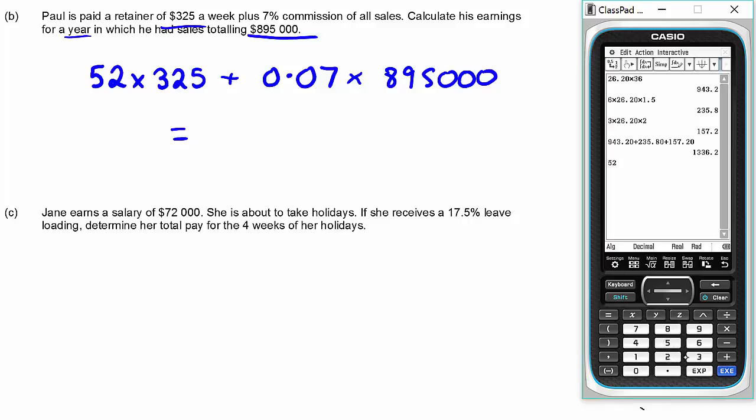So that's going to be 52 multiplied by 325. We'll add that to 0.07 multiplied by 895,000, and that's $79,550.